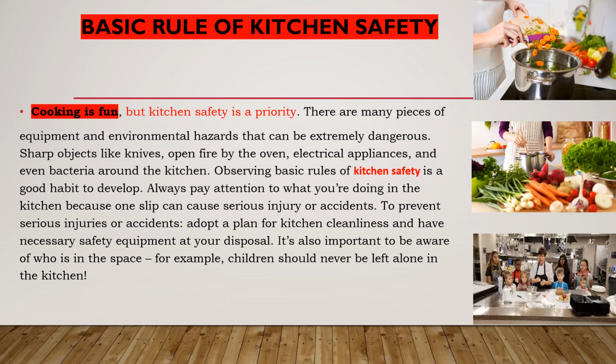Always pay attention to what you are doing in the kitchen because one slip can cause serious injury or accidents. To prevent serious injuries or accidents, adopt a plan for kitchen cleanliness and have necessary safety equipment at your disposal. It is also important to be aware of who is in the space. For example, children should never be left alone in the kitchen.